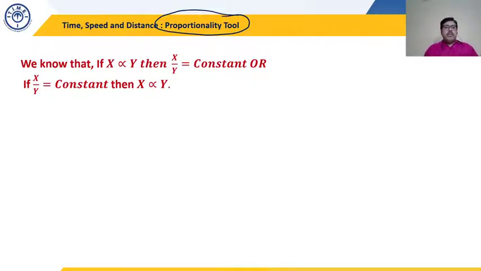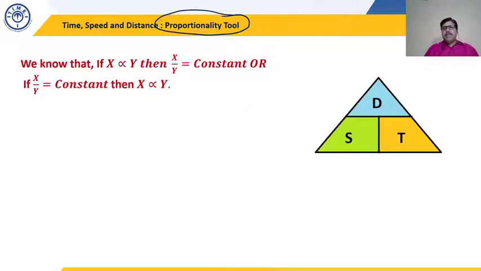Now try to use this simple concept in time, speed and distance. You know the formula: distance upon speed is time, or distance upon time is speed. For the time being, let's assume that time taken is constant.